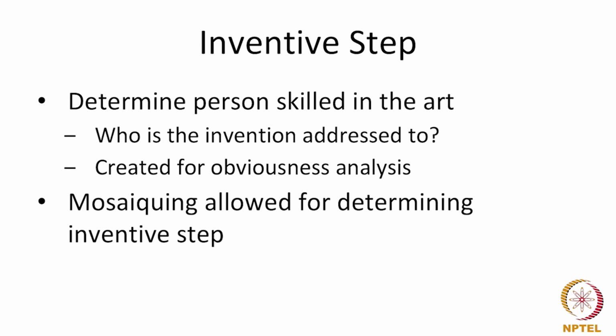Mosaicing, which we had said is not permissible for a novelty analysis, is allowed in determining inventive step, because the person skilled in the art is capable of reading multiple documents, taking things from multiple documents, putting them together and seeing whether a particular problem can be solved. So, the approach of a person skilled in the art is, when he is faced with a technical problem, he would normally do everything his peer would do.